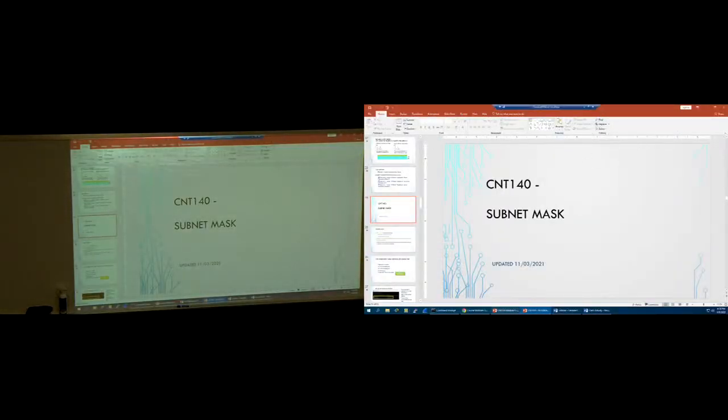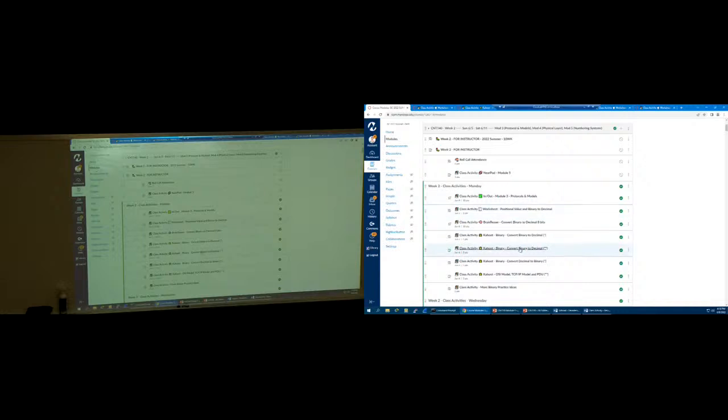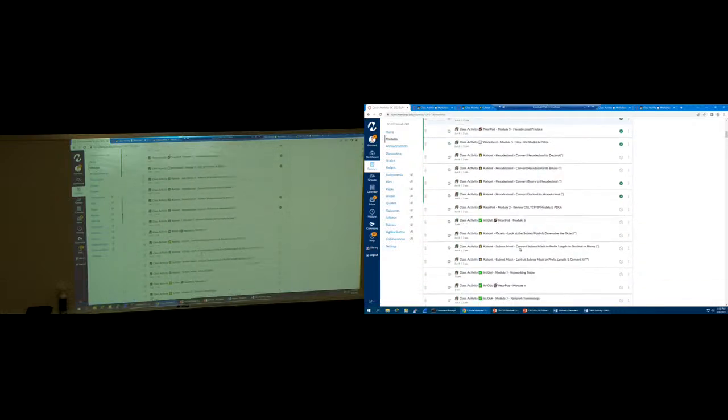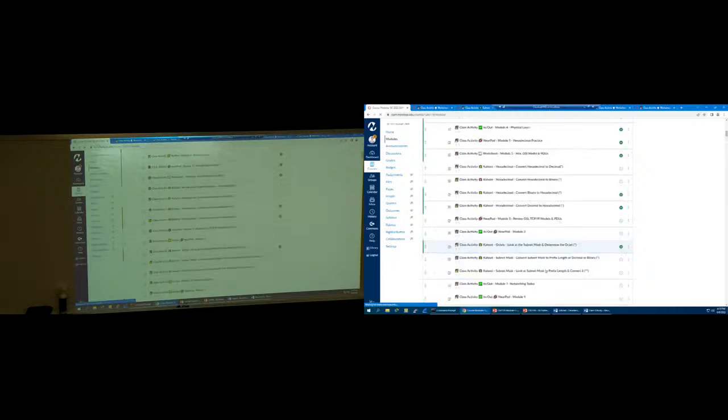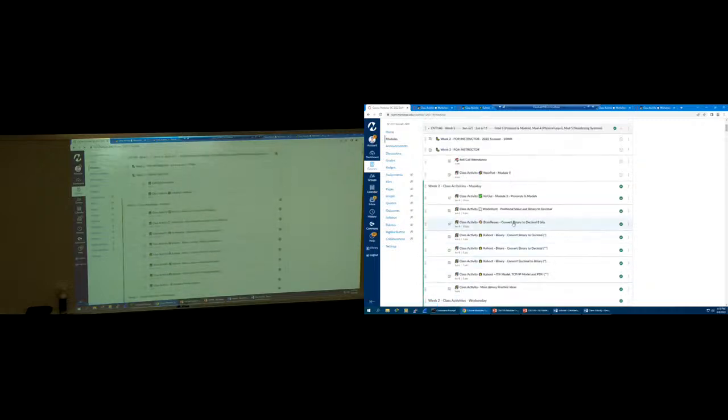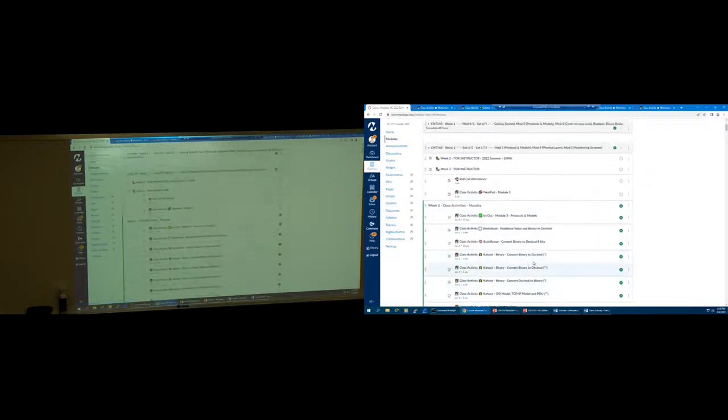Give me a second. Determine the octet. Refresh your screen. You're going to find the one that says look at the subnet mask and determine the octet. Enter your score or the total number you got right. It's under week 2 class activities.